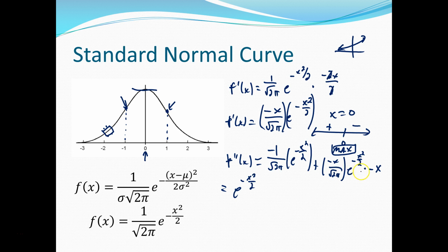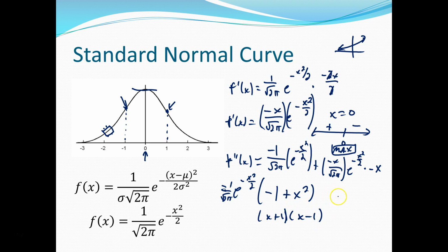We can also factor out a 1 over root 2 pi. And what we're going to have left in here looks like a negative 1, and then over here, it looks like we have just a plus x squared. So that factors out to x plus 1, x minus 1.